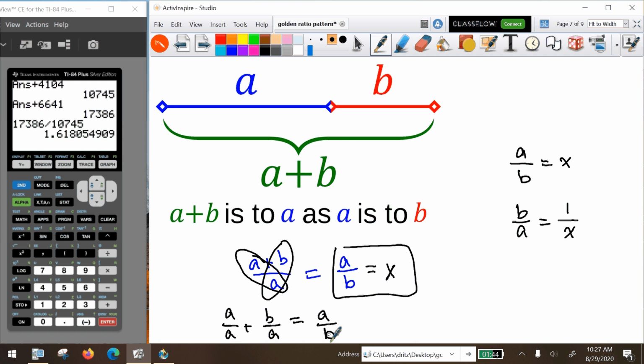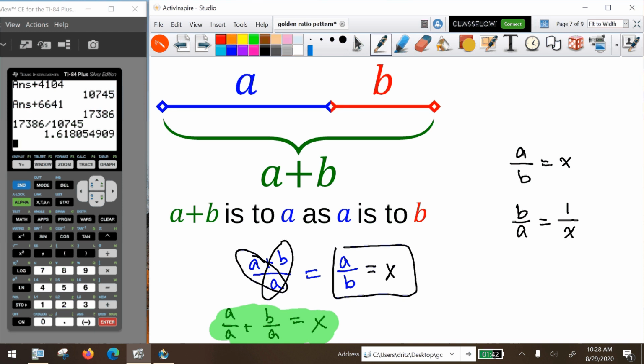Now, since I just called a over b x, I can call a over b x. That's the substitution property of equality. We're going to actually solve this thing right here in terms of x.